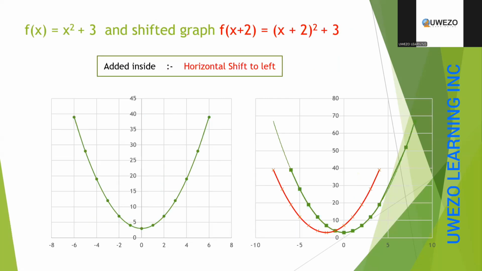Also, if I add 2 in place of x, then there is a shift to the left. So the vertex will move from (0, 3) to the left to (negative 2, 3).